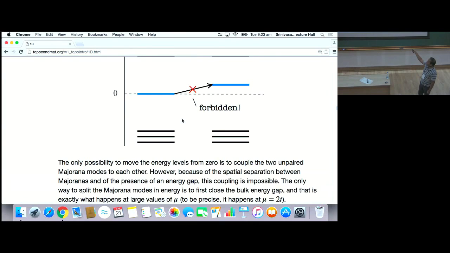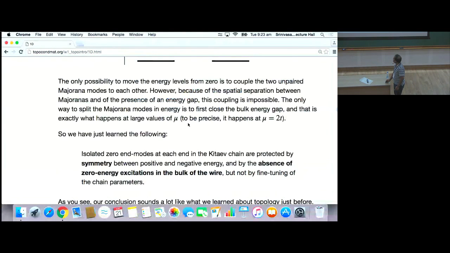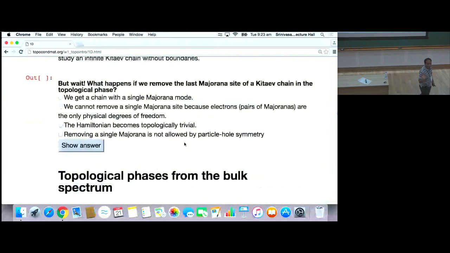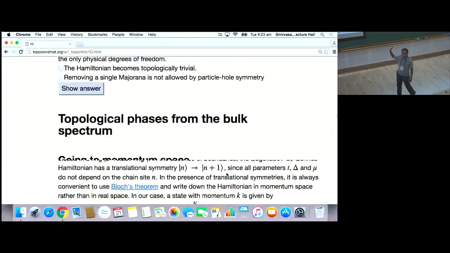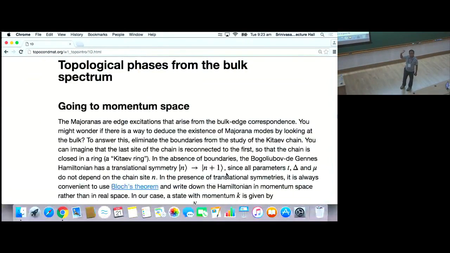The states have to come in pairs of E and minus E. So what is the minus E partner of this? It can't be there, and therefore this just can't move away from zero. That was the argument. Okay? So any questions about that part so far from last class?